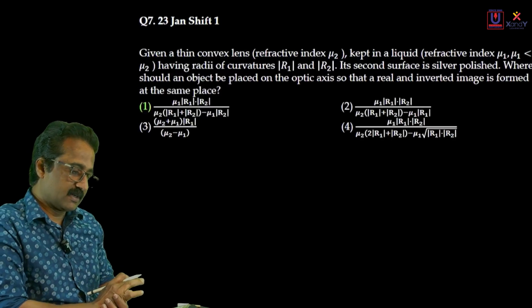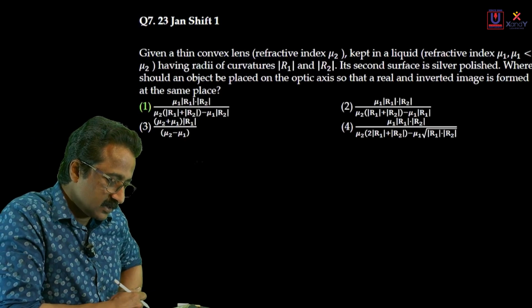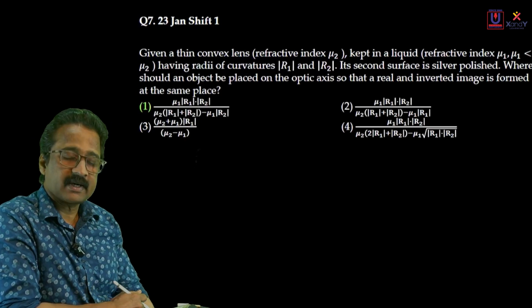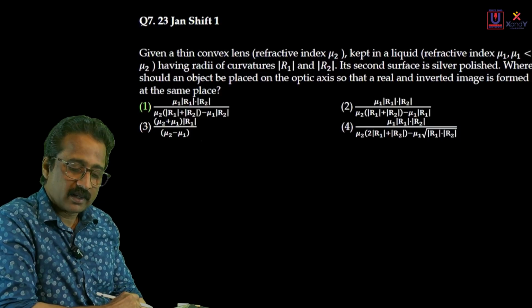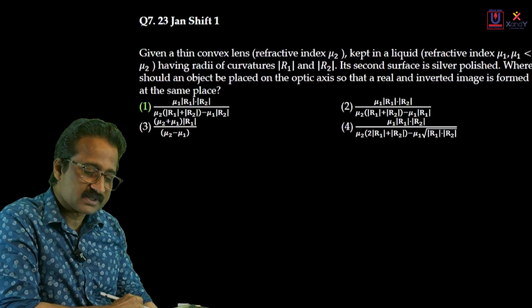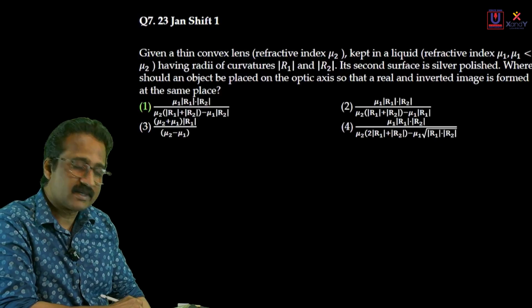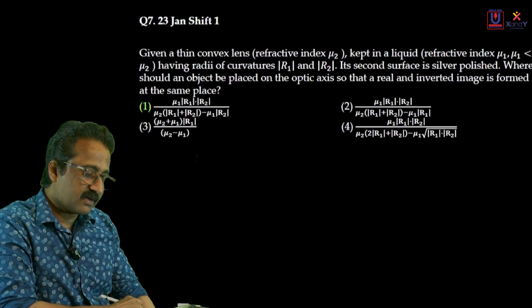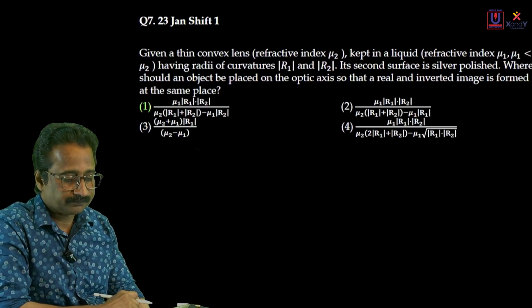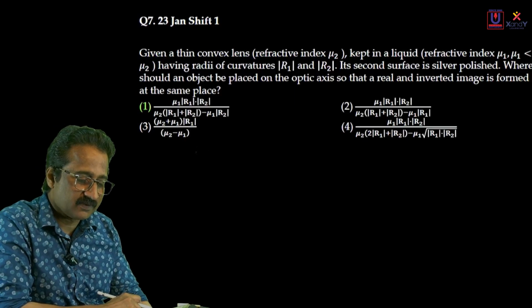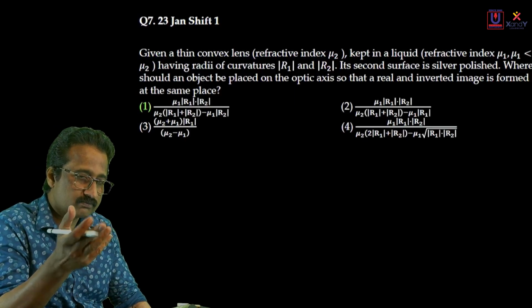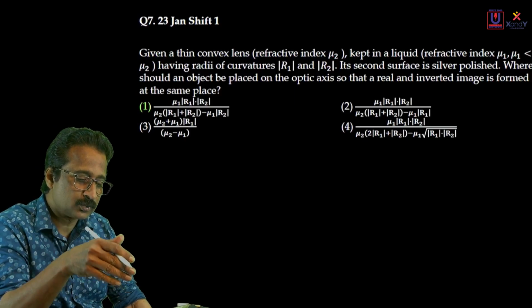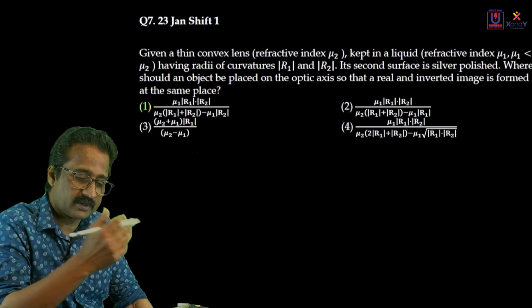Okay, 7. Given a thin convex lens of refractive index mu2 kept in a liquid of refractive index mu1, in such a way that mu1 is less than mu2, having radii of curvature r1 and r2. The second surface, that means the surface with radius of curvature R2, is polished, silvered.